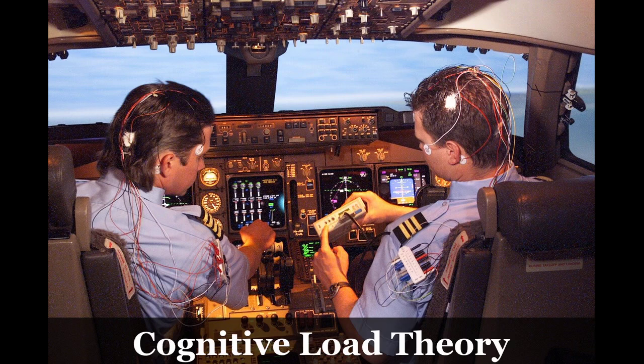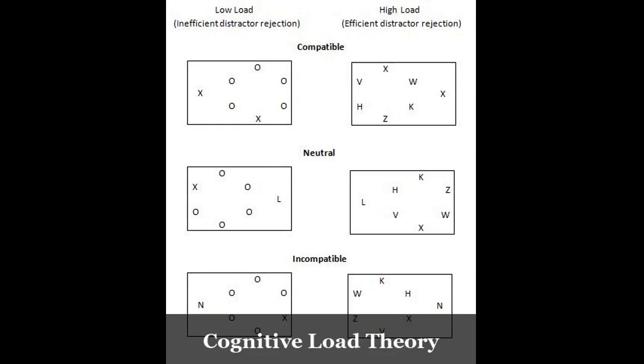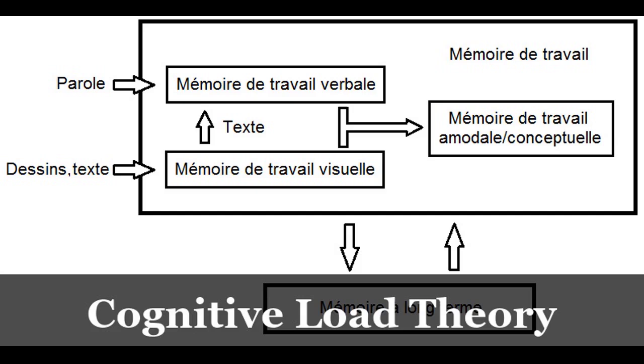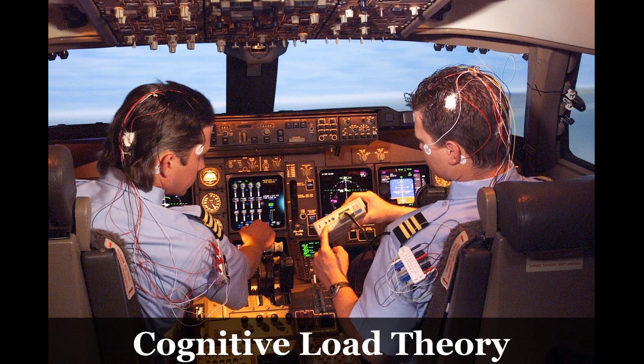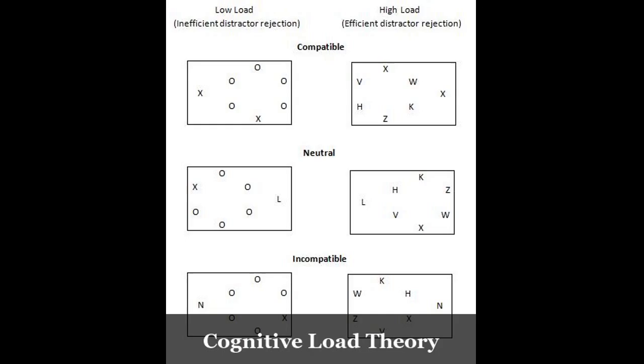In conclusion, cognitive load theory offers a profound understanding of how our minds process information, revealing the delicate balance between cognitive resources and learning outcomes. By recognizing the distinction between intrinsic, extrinsic, and germane load, we can optimize our learning environments, minimize unnecessary mental effort, and maximize retention.